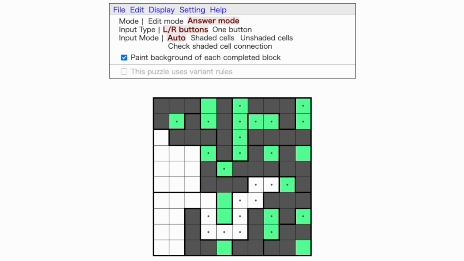We don't really want this cell to allow any shade, because if it does, then this is already connected up, which makes it no longer constrained.